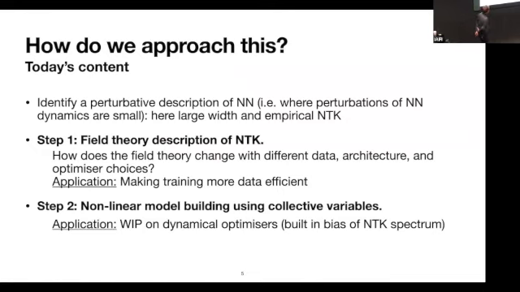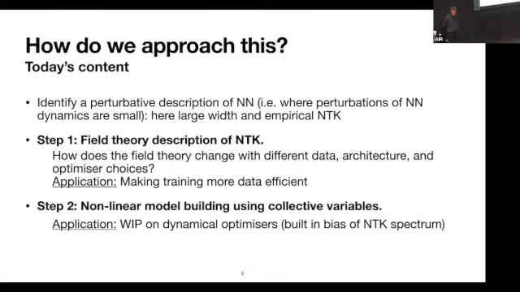To list a few. So what do we want to do? Well, we want to identify a perturbative description of neural networks. And what we work with is neural networks at large width and the empirical neural tangent kernel in the first instance. In the first step, we want to understand the field theory description underlying this, and how the different components, in particular the data, architecture and optimizer choices, affect this.